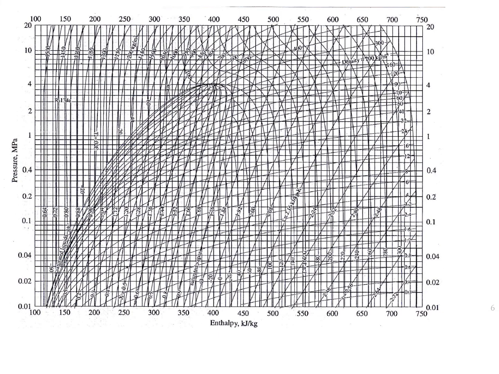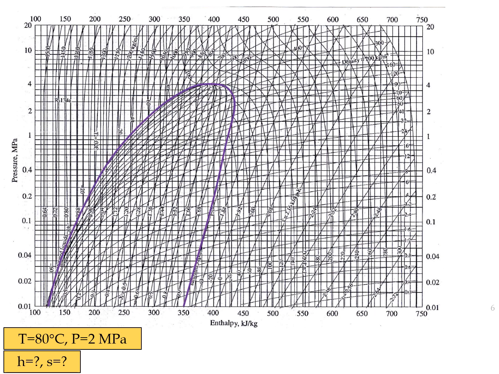So, again, this is the pH diagram, and let's say we have a temperature of 80 degrees Celsius and pressure at 2 megapascal. We want to know the value of H and also S, which is the enthalpy and also entropy. First we draw the constant temperature line, in the green color, and then we draw the 2 megapascal line, and the crossing of it is here.